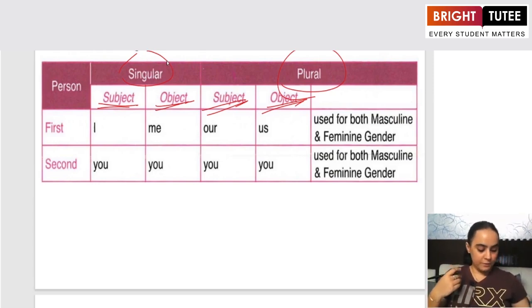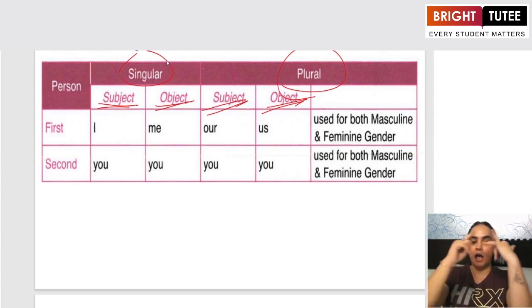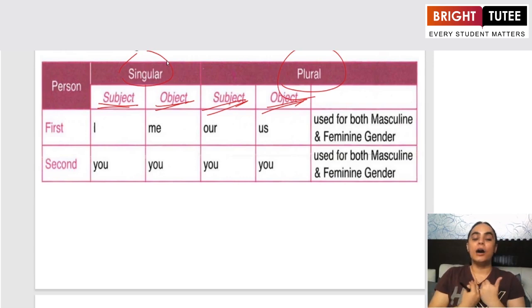Now, if you are speaking to somebody, I am the speaker, I am talking about myself, right? What are the pronouns that I'm going to use for myself? I and we. I am going to use I, as well as we. We can also be used for first person.